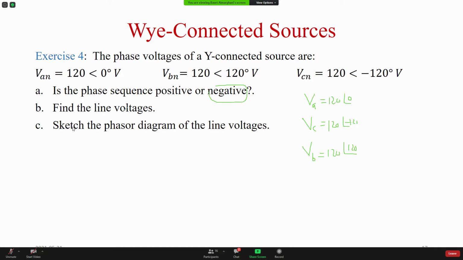Now, if I want the line voltages, I can do VAC, VCB, then VBA. I'm going to go through the sequence between A and C, between C and B, between B and A. So VAC, then VCB, then VBA.